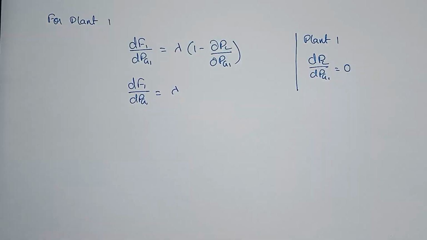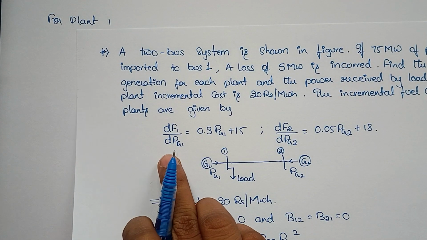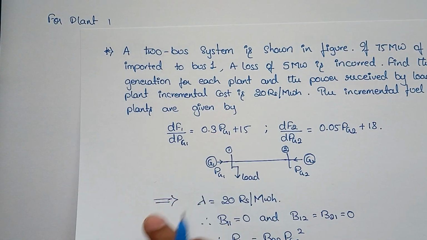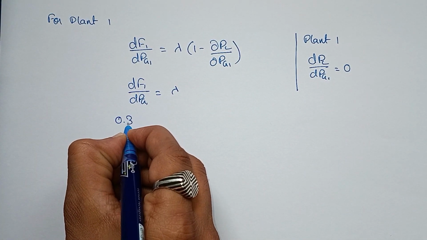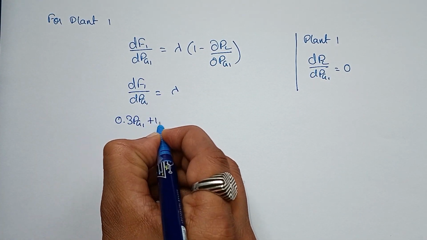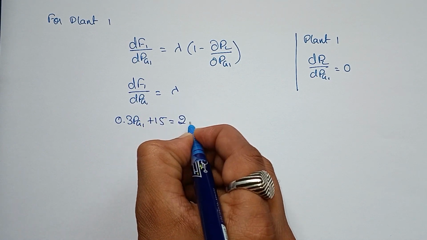And the value of dF1 by dPg1, as in the problem, is 0.3 Pg1 plus 15. So 0.3 Pg1 plus 15 is equal to the value of lambda, which is 20.